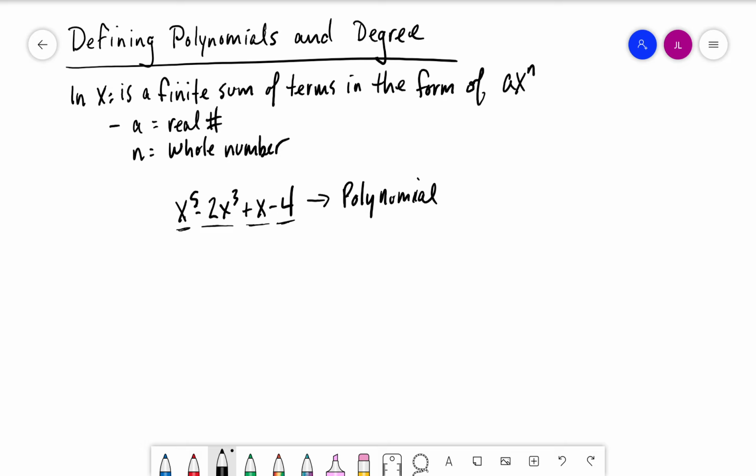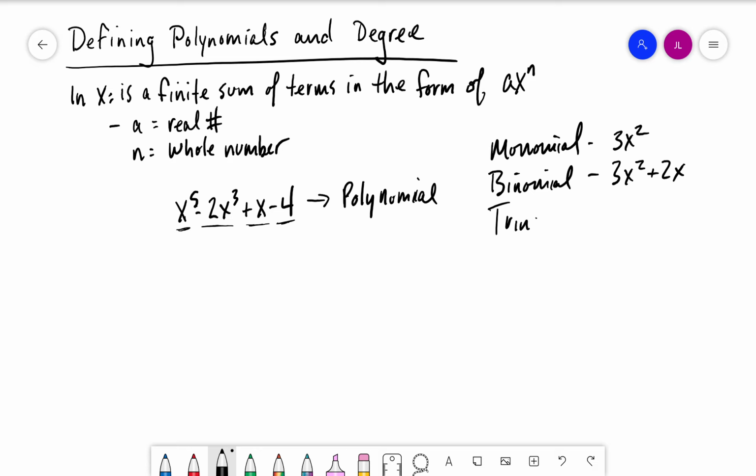Now we can look at polynomials as being monomials, which means we have 1 term. We can look at a binomial, where we have 2 terms. Or a trinomial, where we have 3 terms.